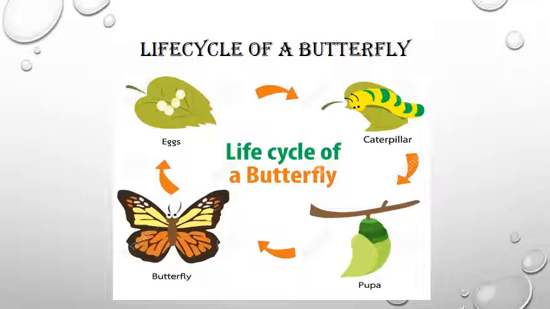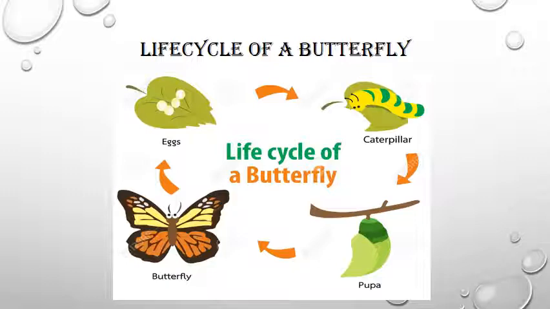Inside the cocoon, after a few days, when this pupa is completely developed as a butterfly, it breaks the cocoon. When it breaks, a beautiful adult butterfly comes out of the cocoon.